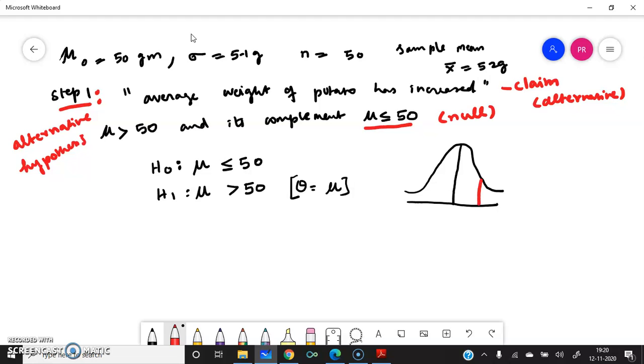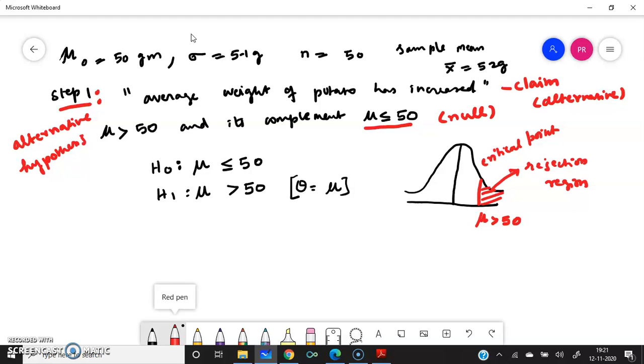This is our critical point, and this is our rejection region. This is my mu, greater than 50, and this is what we are going to claim.